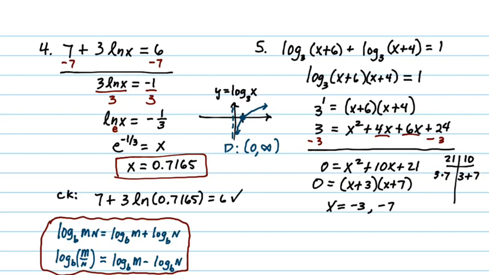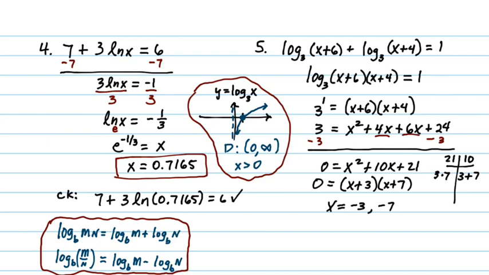And that includes anything greater than 0. So another way to write this is just to say that x is greater than 0. So what that means is we can't take the log of 0, and we can't take the log of a negative. We have to take the log of a positive number. That's the only thing we can take the log of. So that's the main thing you want to watch out for.